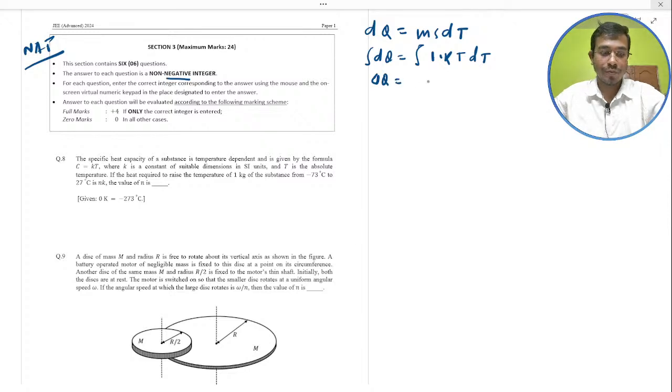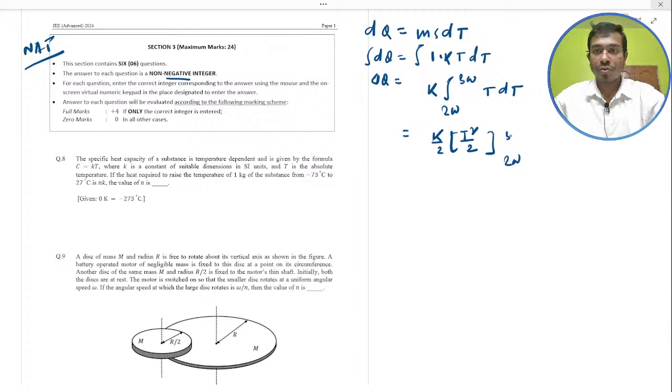That the del q would become k integral 200 to 300 T dT. Okay. So is equal to k times T square by 2 from 200 to 300. So you would get k by 2 times (9 minus 4) into 10 to the power 4.